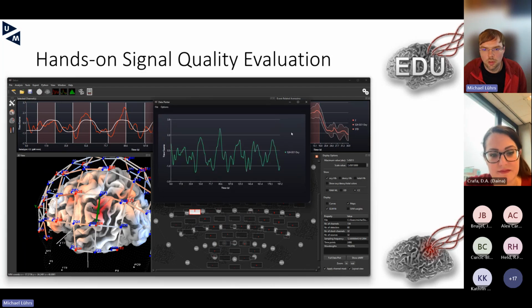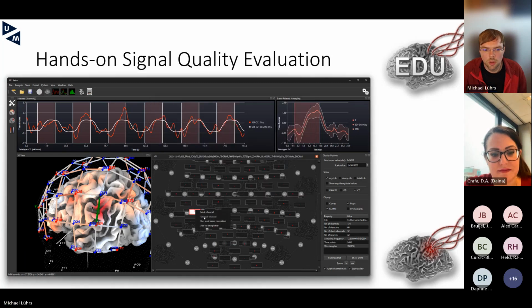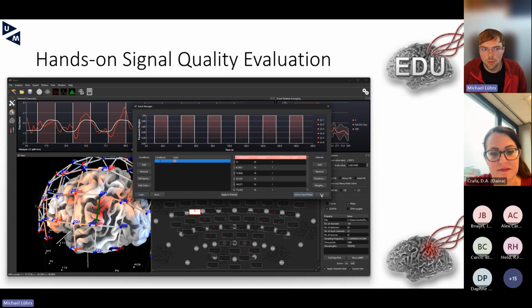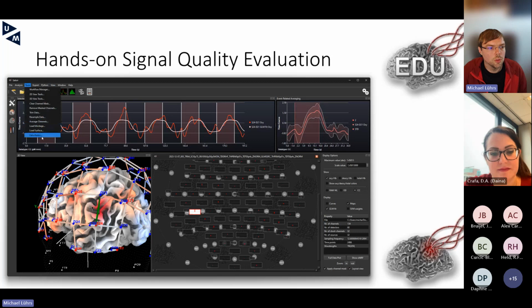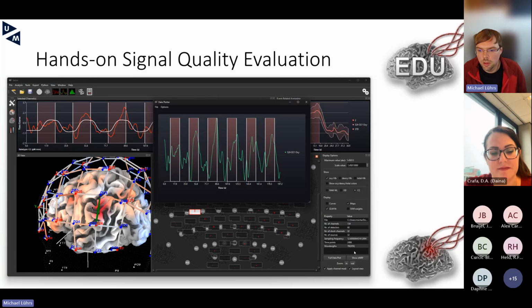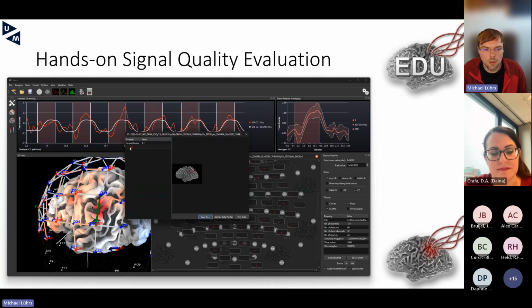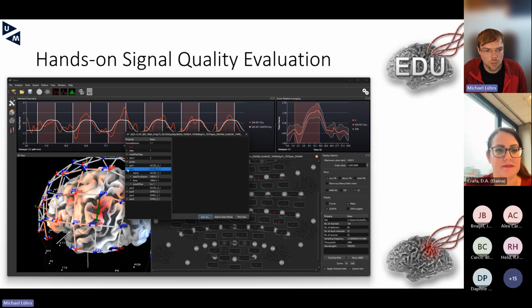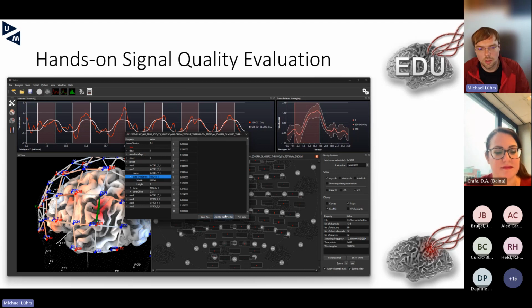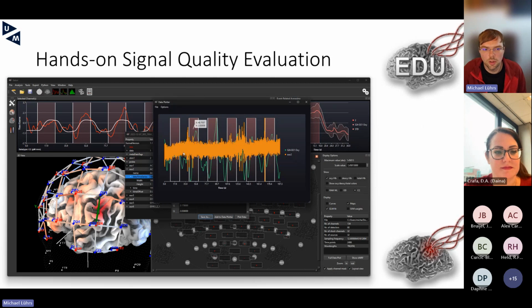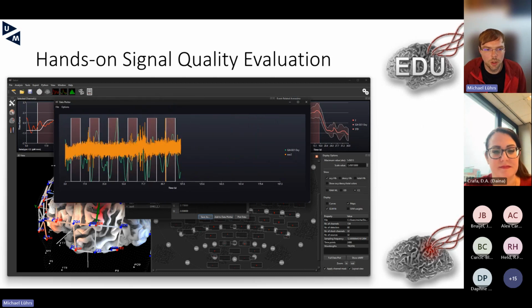For example, if you look at this signal, in the data plotter: manager, add to data plotter, tools, data plotter, check where it is. If you add additional components, like for example specific accelerometer data, you can also see if there's anything that might relate to the signal with respect to your movement artifacts.